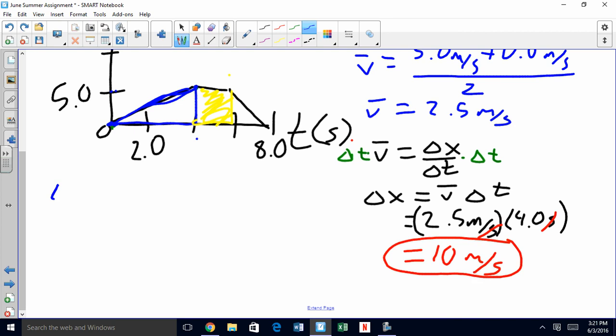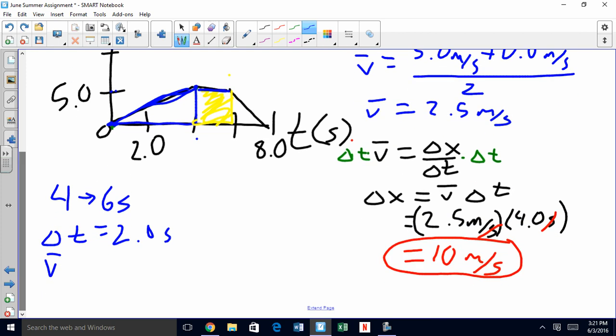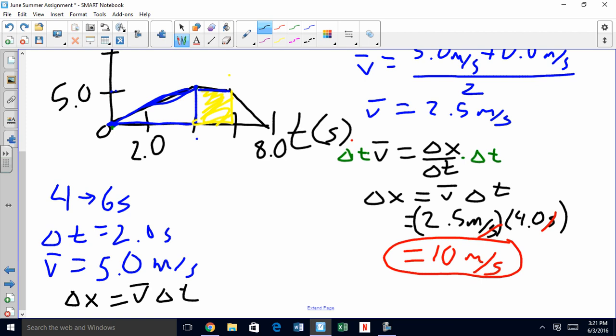Now let me do it equation-wise as well. If I'm going 4 to 6 seconds, delta t is 2 this time, because 6 minus 4 is 2. And v bar, well, this whole line has a y value of 5. So if the ending value is 5 and the beginning value is 5, v bar is going to be 5 the whole time. Then I use that same equation that I solved for before, delta x equals v bar delta t, which is not a new equation.